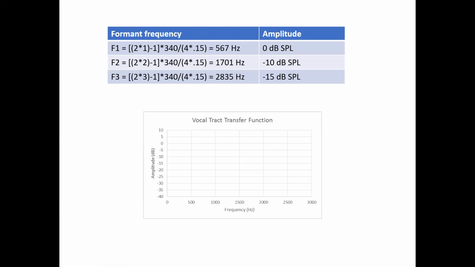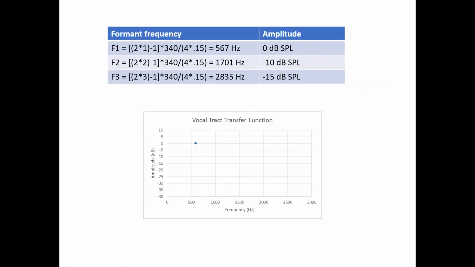Okay, I also gave you in the homework problem some amplitudes for each of those formant frequencies. For the first formant frequency, I'm giving you an amplitude of 0 dB SPL, and we can just plot a dot at 560 hertz at 0 dB. For the second formant frequency, you're given an amplitude of minus 10 dB SPL.